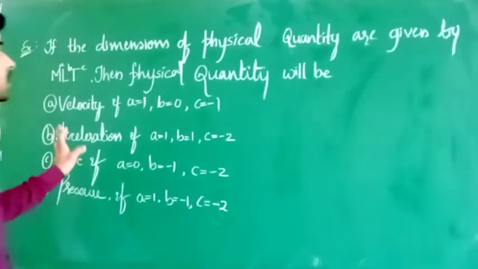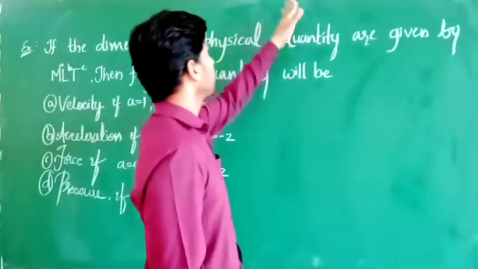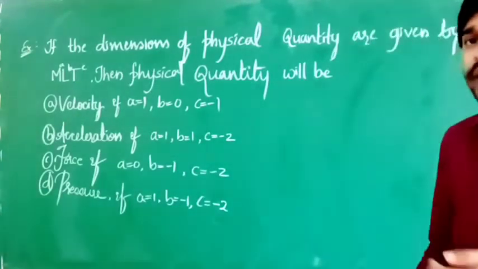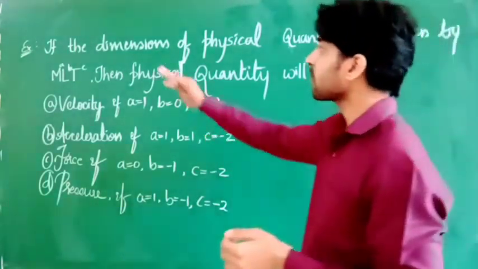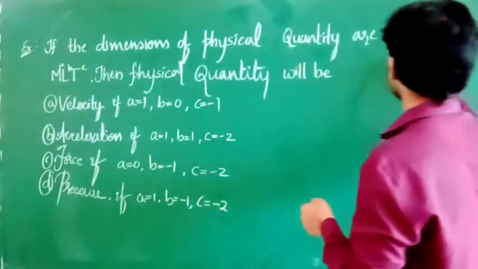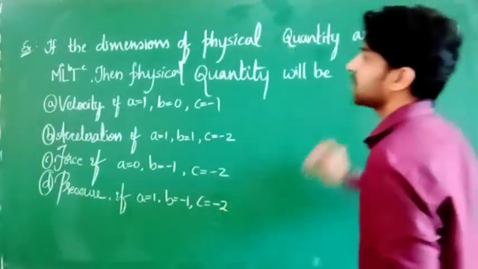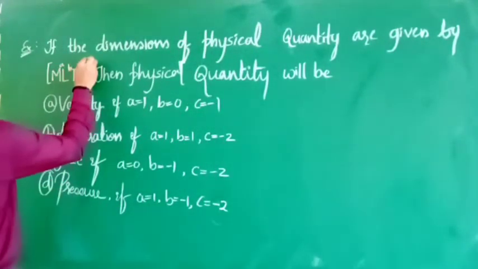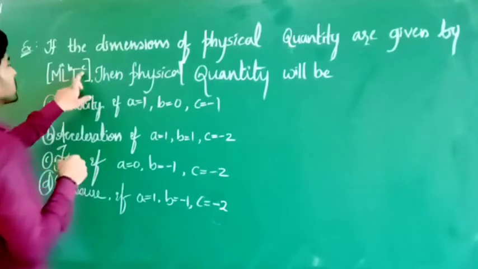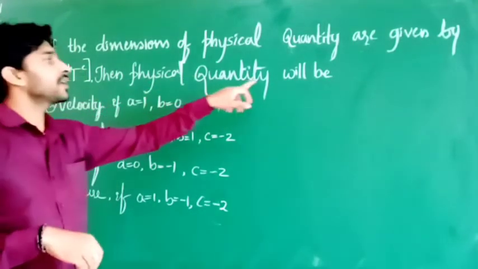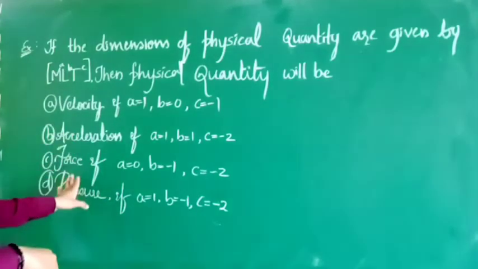Okay. Now come to the next question. Listen. In this question, what they have given means, if the dimensions of a physical quantity are given by m power a, l power b, t power c, then the physical quantity will be velocity, acceleration, force or pressure.